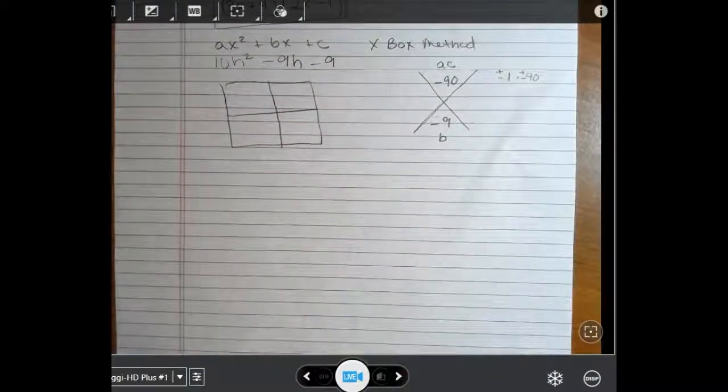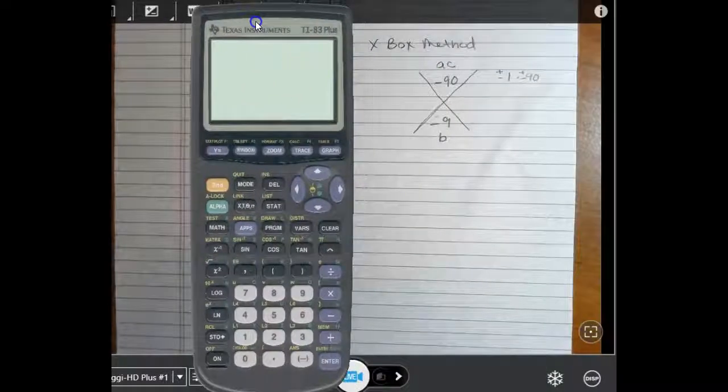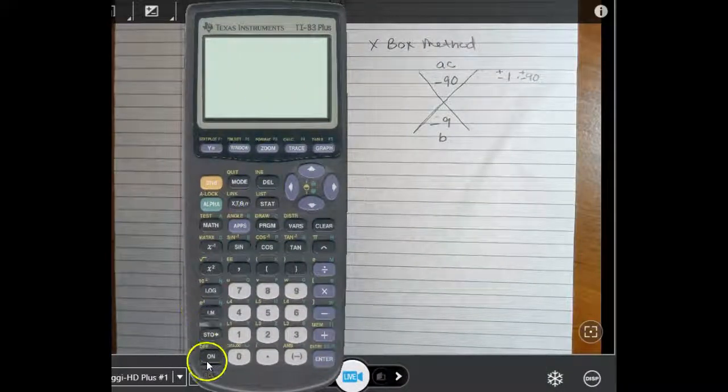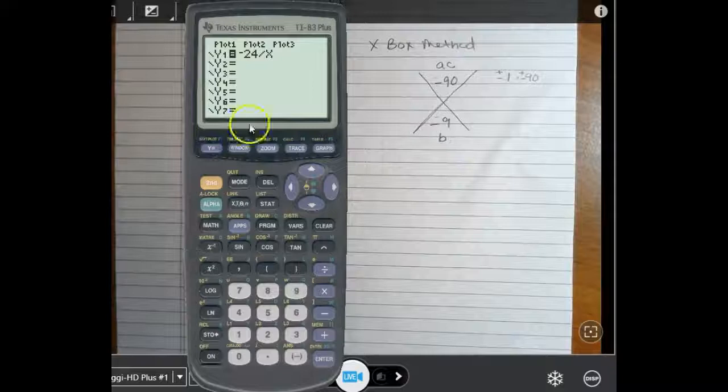And if you're not really good with finding pairs, I'm going to show you a good way on the TI. So just bringing this in, turn it on. This is a TI-83. It'll work for the 84 or really any graphing calculator. I'm going to clear this and put in 90, or negative 90, and divide it by x.